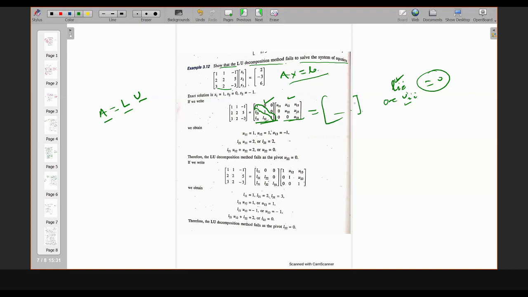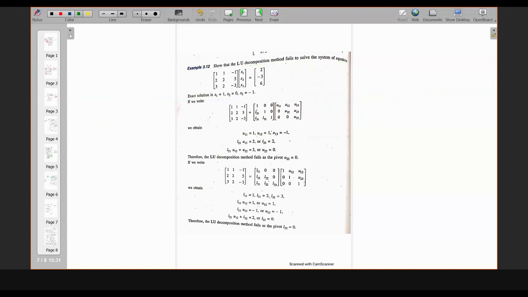I did not write the resulting matrix, I wrote the results directly. If you multiply the first row with the first column, you get U11 equal to 1.